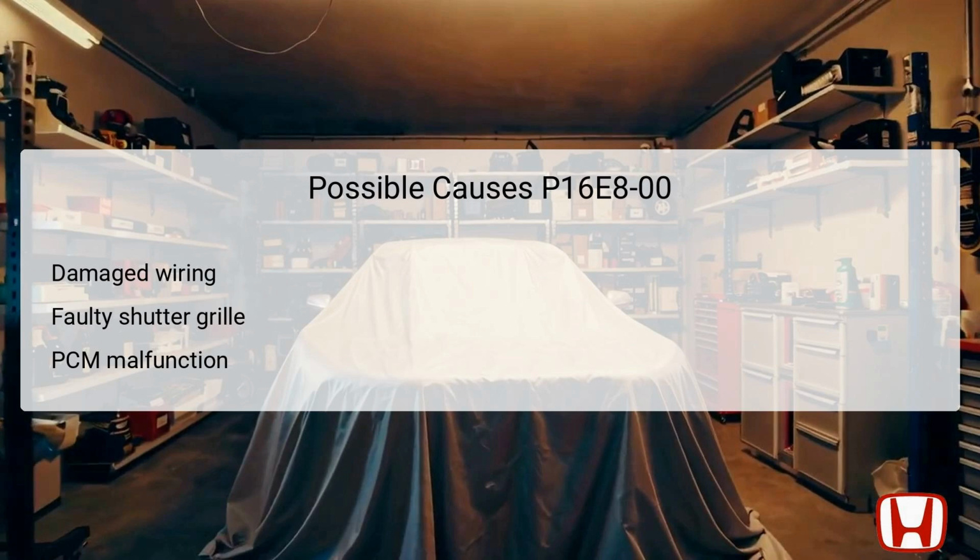Additionally, a faulty shutter grille itself could fail to send or receive the required signals, resulting in the communication error. The PCM may also be at fault, exhibiting a malfunction that prevents it from processing information accurately. Each of these components needs to be inspected meticulously during the troubleshooting process to ensure that the root cause of the problem is correctly identified and rectified.